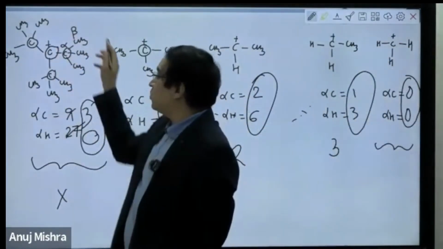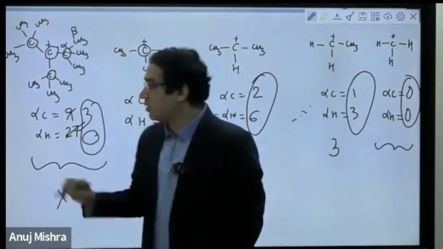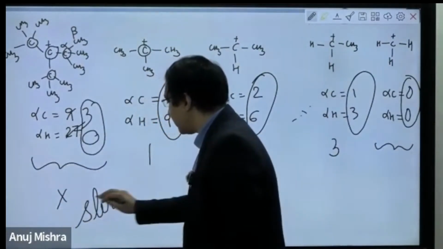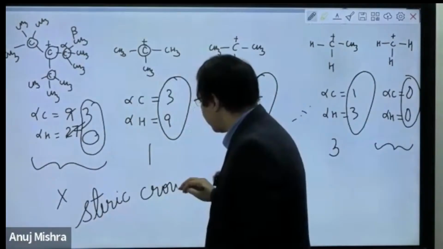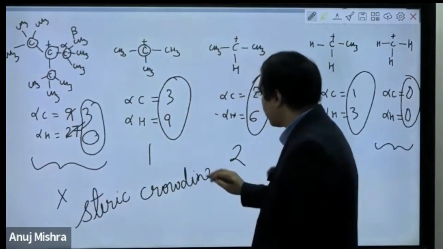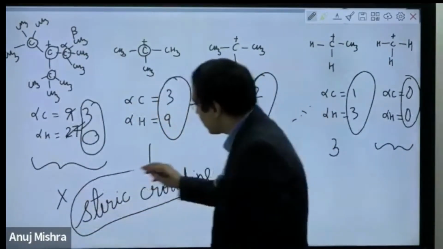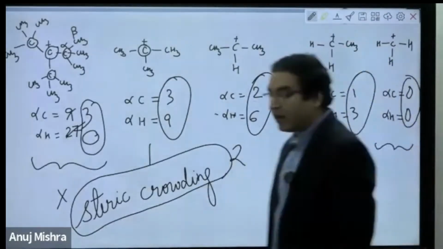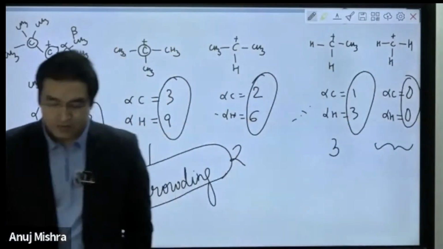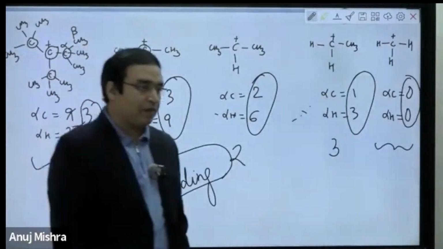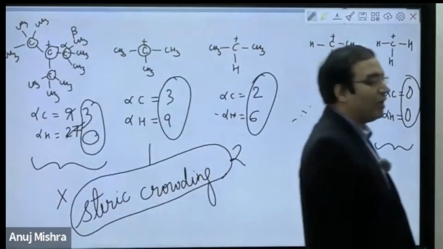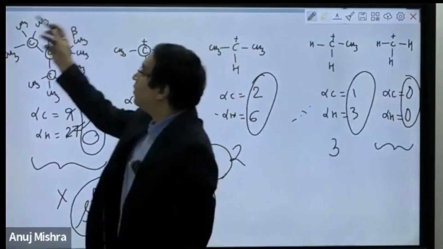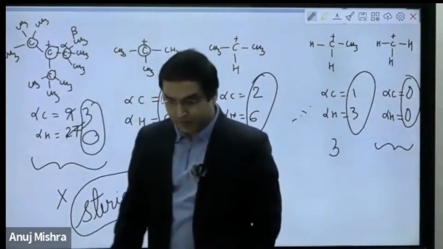Because on C plus you are putting so many groups, which causes steric crowding. Steric crowding, note down. It means a lot of traffic basically. So due to this the plus charge will be highly unstable. You're putting so many CH3s like this, it will make the whole system unstable.